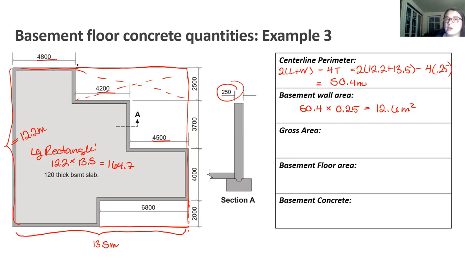We need to find its length. Well, we can calculate that. 4.2 plus 4.5 leaves us with 8.7. So this area is going to be 8.7 times 2.5, which leaves us with 21.75 meters squared.